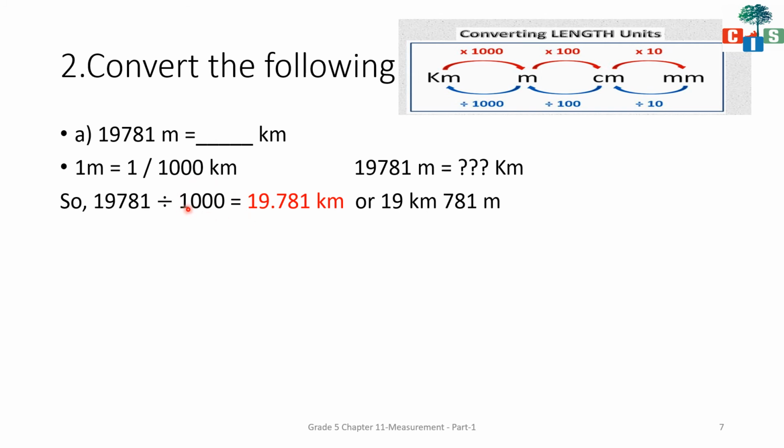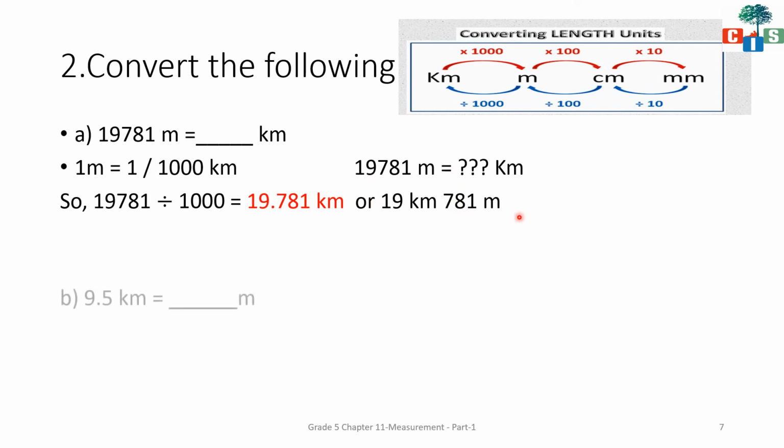We have 3 zeros. So we have to put the decimal point after three numbers. We start from 1, so 1, 2 and 3. So we'll put the decimal point between 9 and 7. So our answer will be 19.781 kilometer. That is 19 kilometer 781 meters.